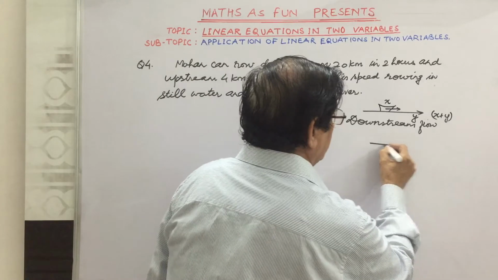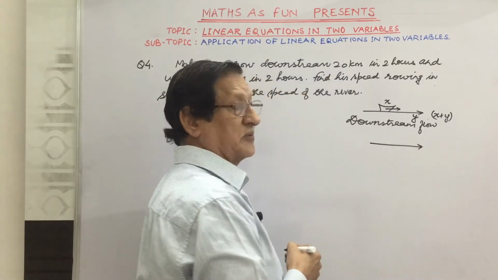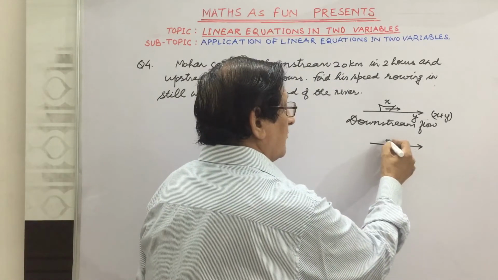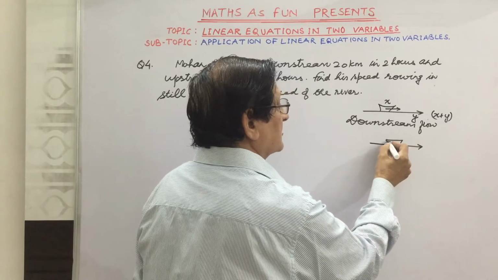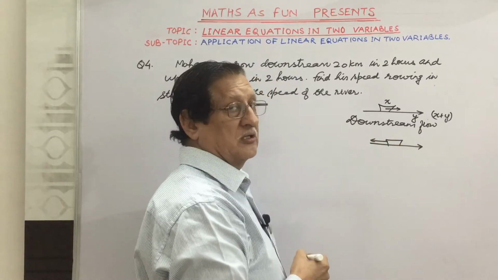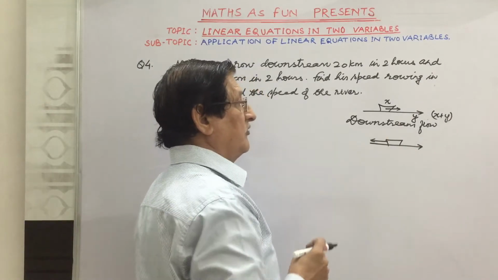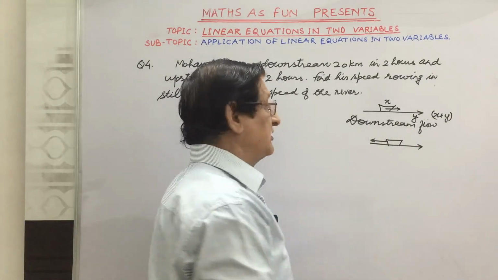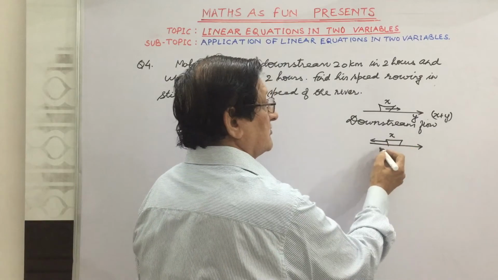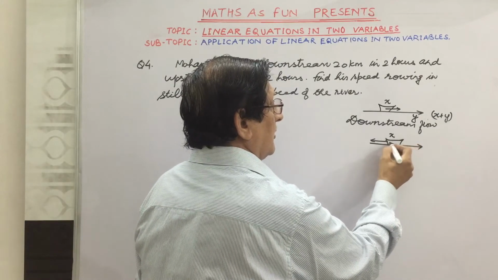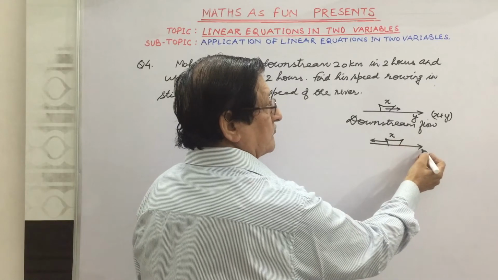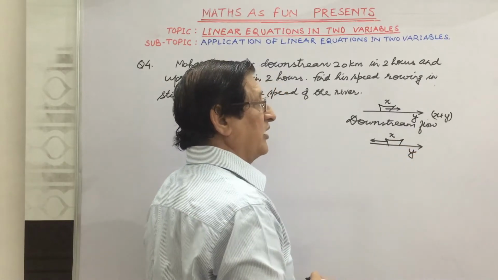If our river or water is flowing in this particular direction, but we are rowing in the opposite direction to this, the boat is going in this direction, then this is to oppose the flow of the water. The speed of the boat is x and that of the water or river is y.